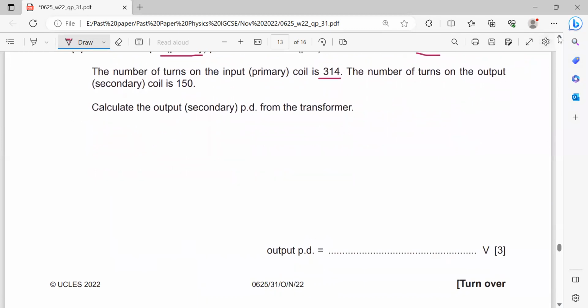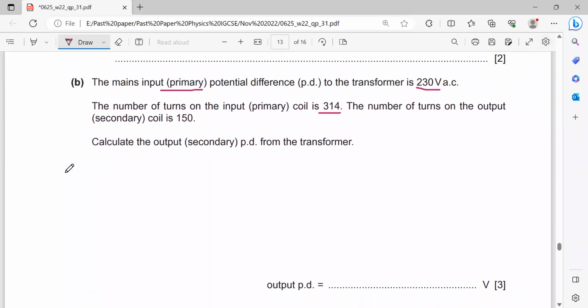The formula is Vs over Vp equals Ns over Np.